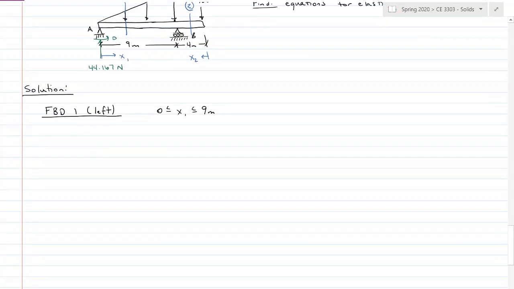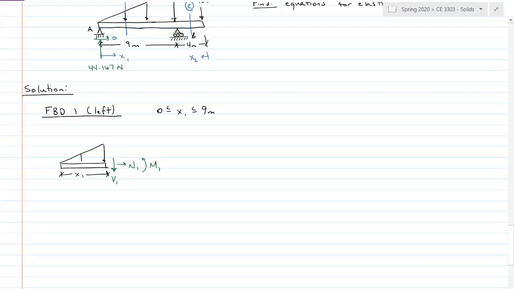It's going to have this portion of the beam with this variable distance, x1, and I have my internal forces, shear 1, normal 1, moment 1, and I have my distributed load.